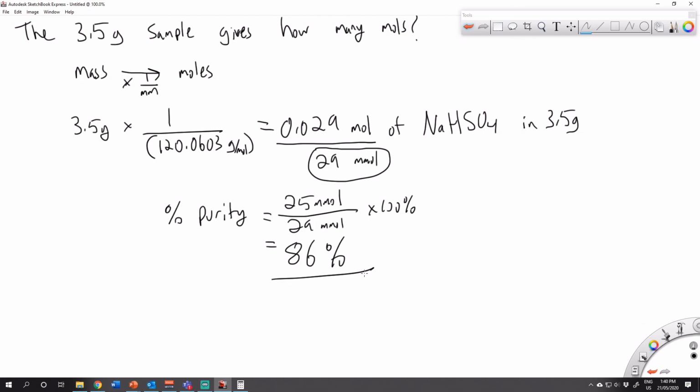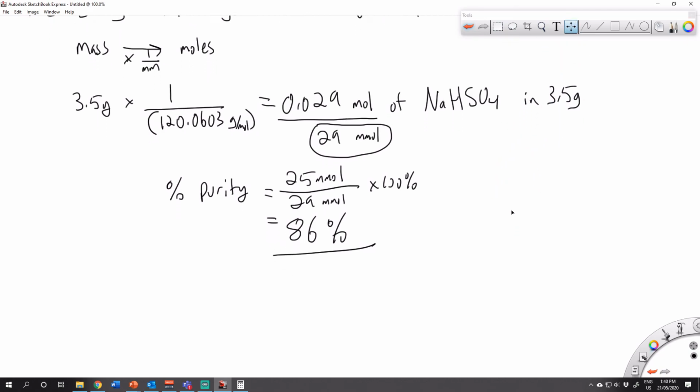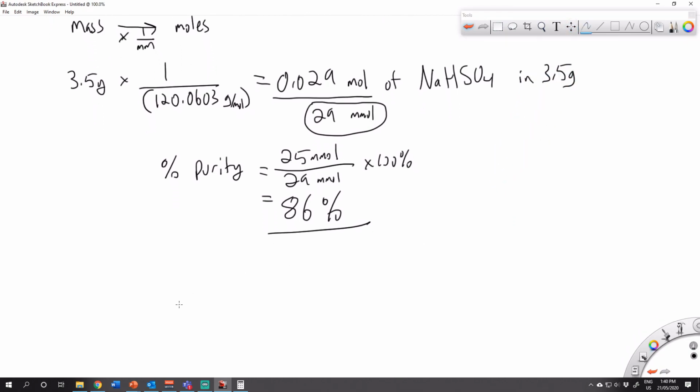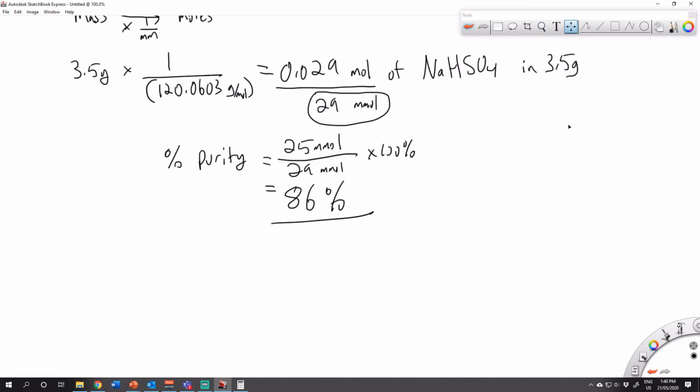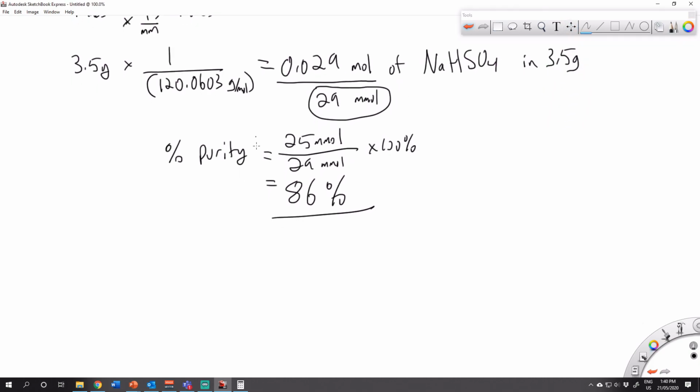So the sample of sodium bisulfate that we dissolved is only 86% pure. Titrations allow us to do quite a lot of things, and depending on the application, generally speaking, we calculate stuff regarding the unknown substance in the titration.